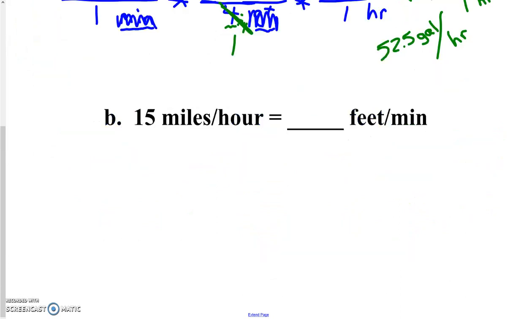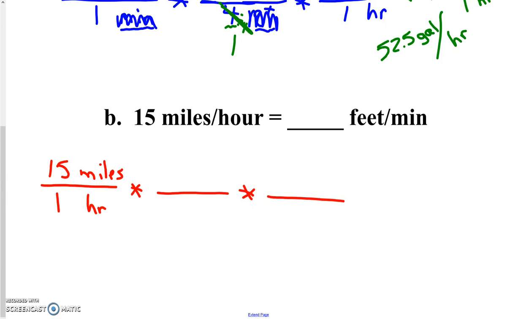Let's try another one. You're stuck in traffic going 15 miles an hour, and you think, oh, this is so slow. Well, let's figure out how many feet you're moving every minute. So again, we start by setting up our unit rate, 15 miles in 1 hour. We know we're going to have to change both labels, so I need 2 more fractions, 2 more rates to use.